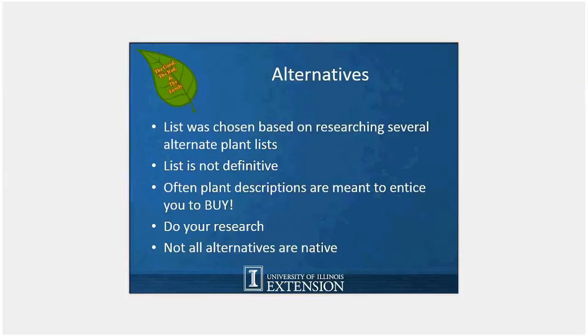But you might want to do your research to say, do any of these have any potential problems? Is there something else maybe I should be considering? And tonight, as we present all these alternatives, not all of them are native. So there are a few that are good plants, but they're not going to be native to North America.